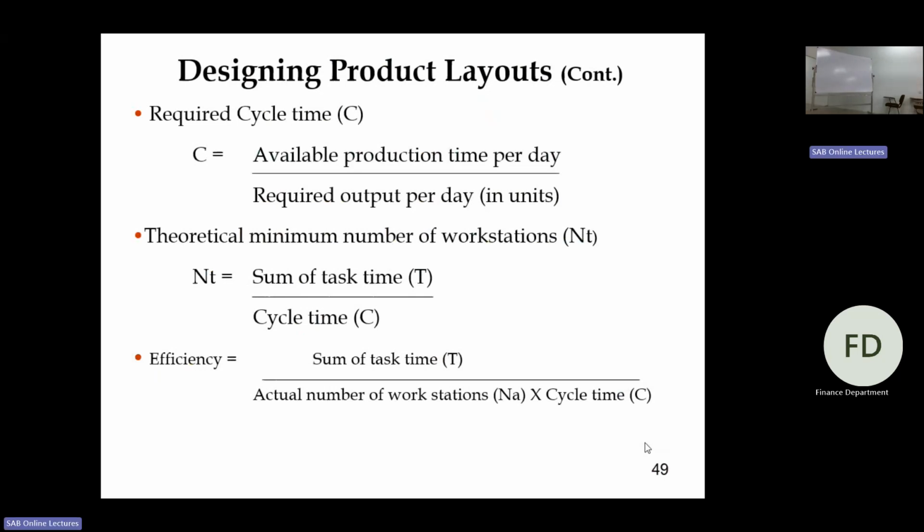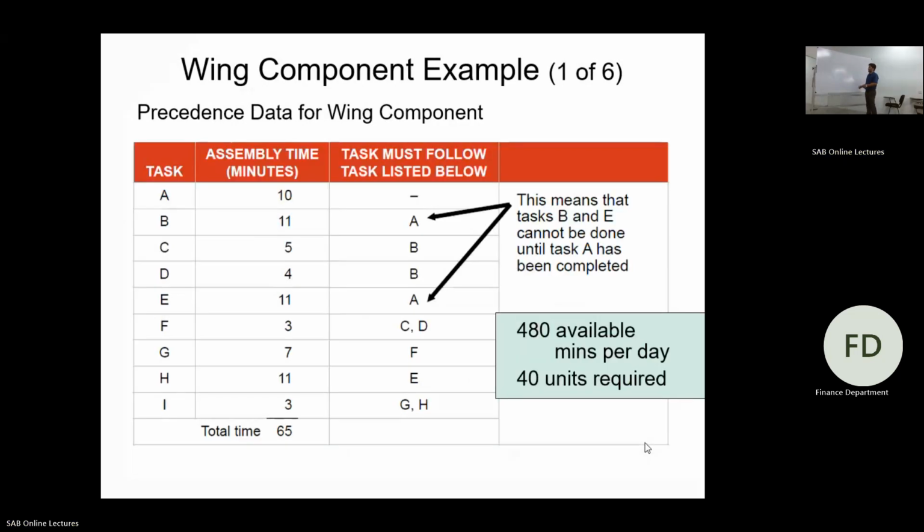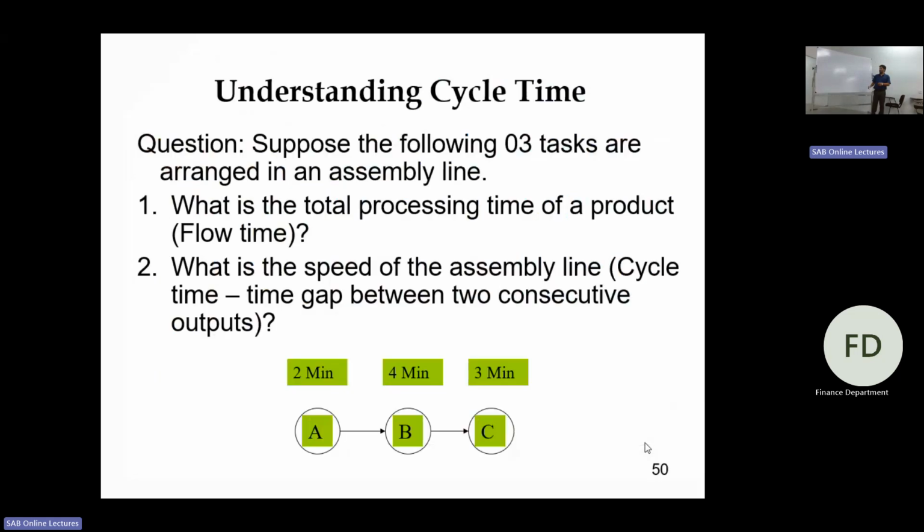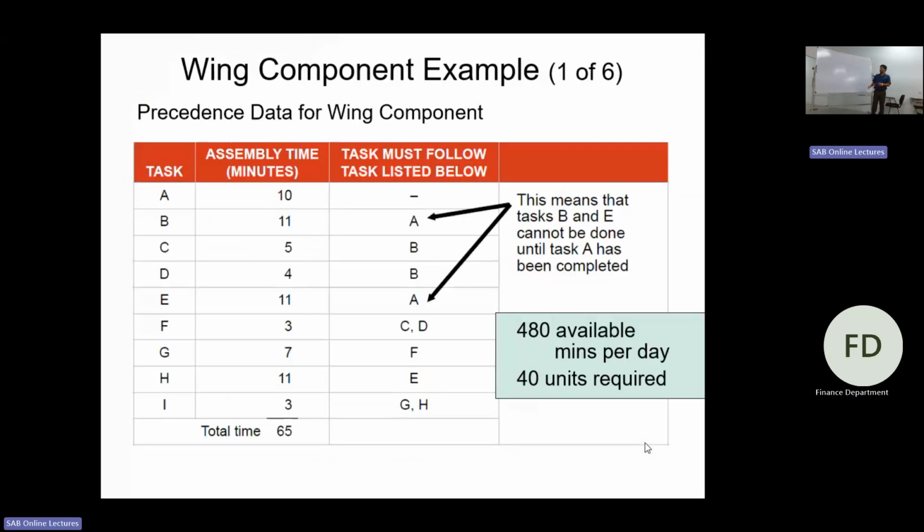Required cycle time C equals available production time per day, that is 480 minutes available per day, divided by the required output per day, that is 40 units. So what is C then? 12 minutes.